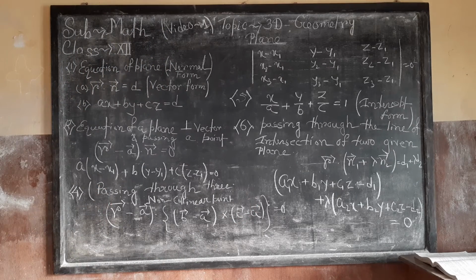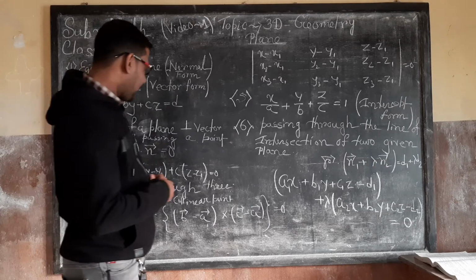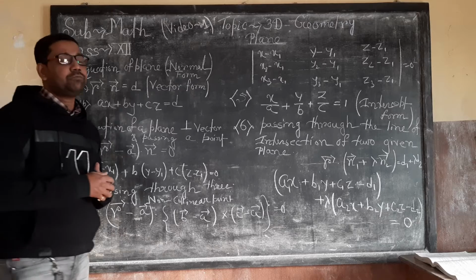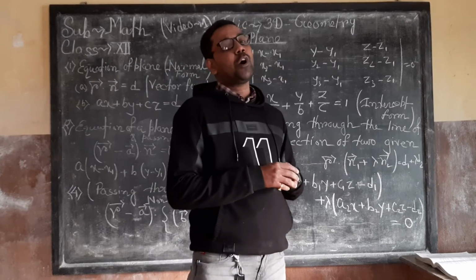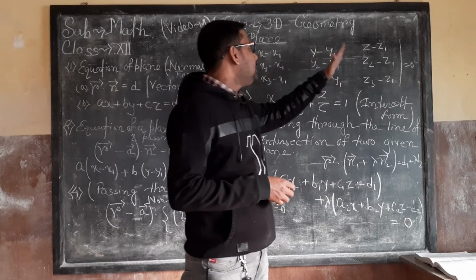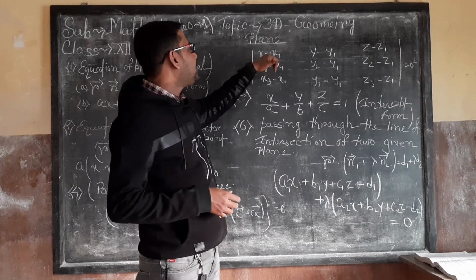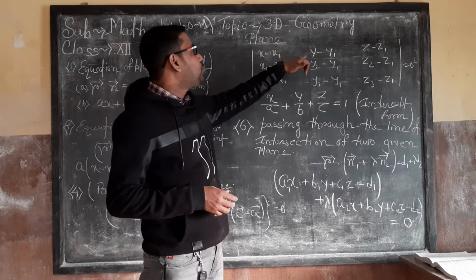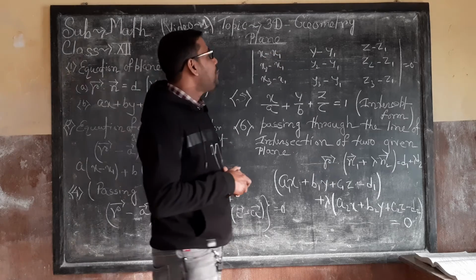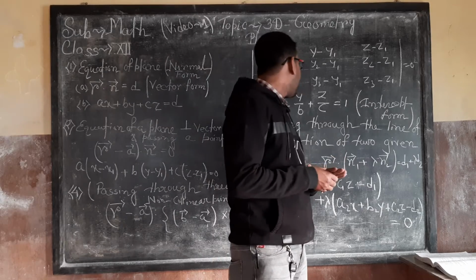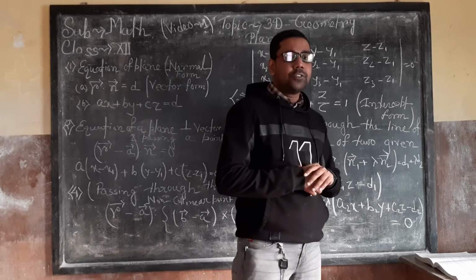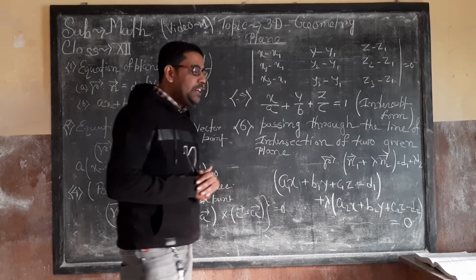This time a, b and c are nothing but the position vectors of these three given points, and this is the determinant: x minus x1, y minus y1, z minus z1; x2 minus x1, y2 minus y1, z2 minus z1; and x3 minus x1, y3 minus y1, z3 minus z1 equal to 0.